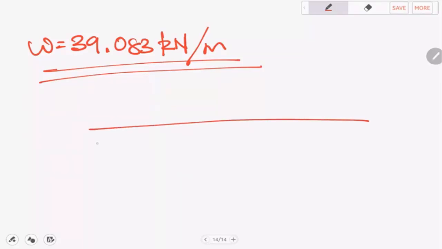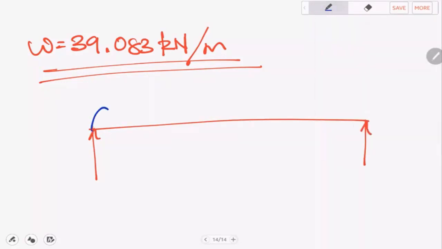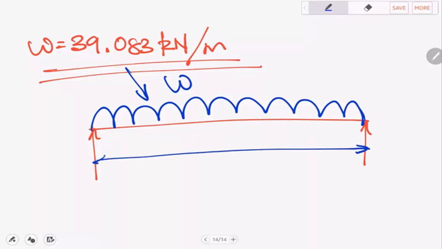So that compound beam, which is like this, this UDL, which we can place there, is a total of omega, which is 39.083 kilonewtons per meter, if that beam is spanning L_E equal to 5 meters.